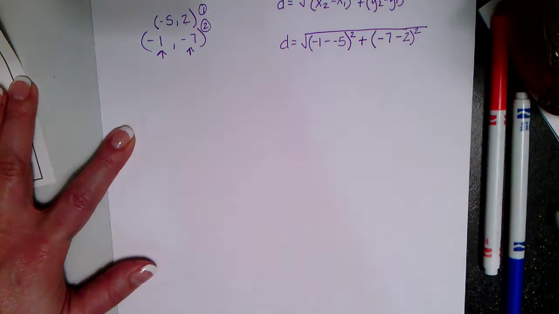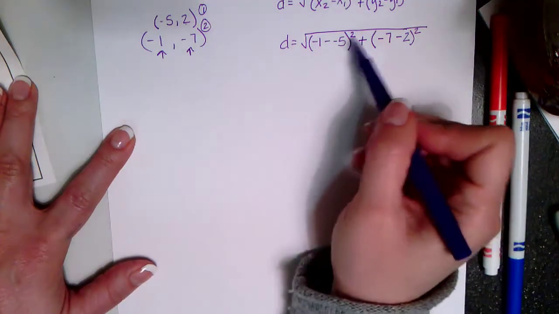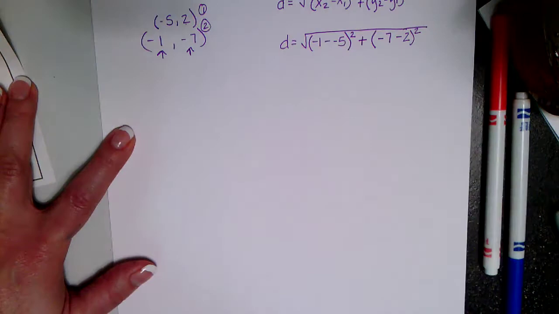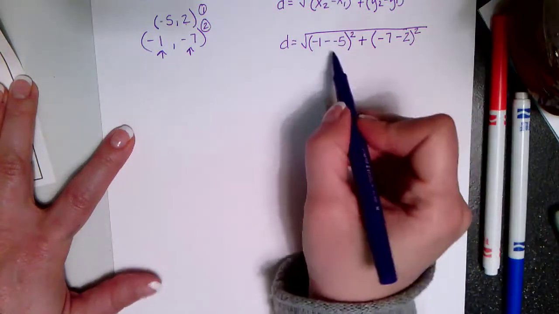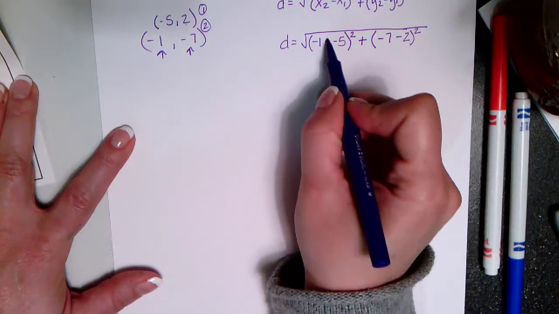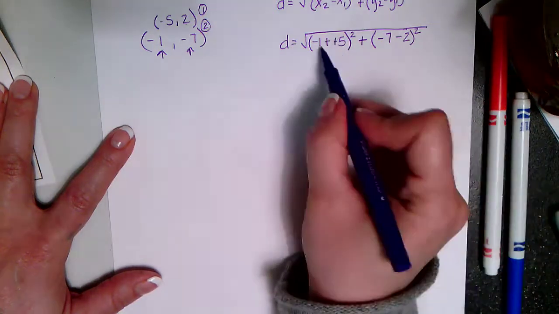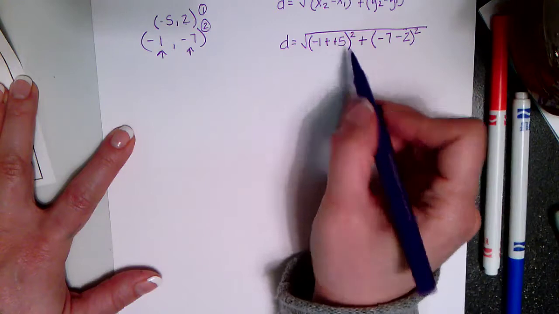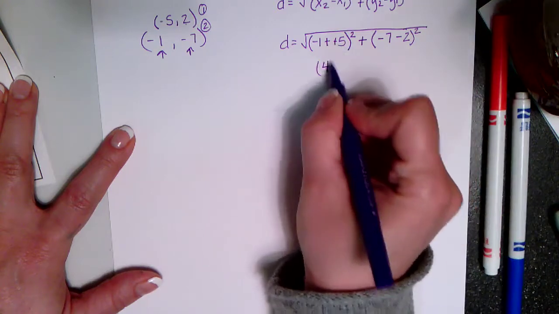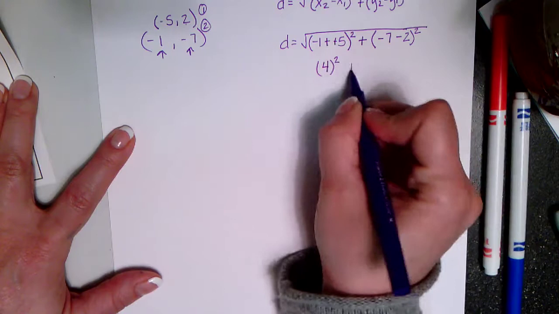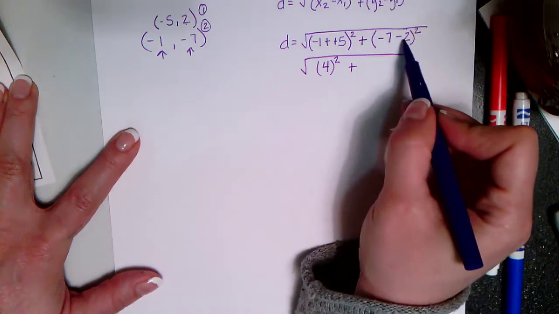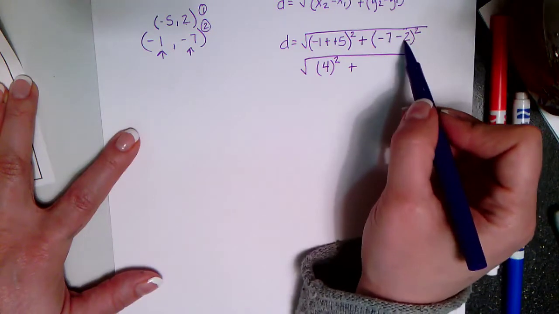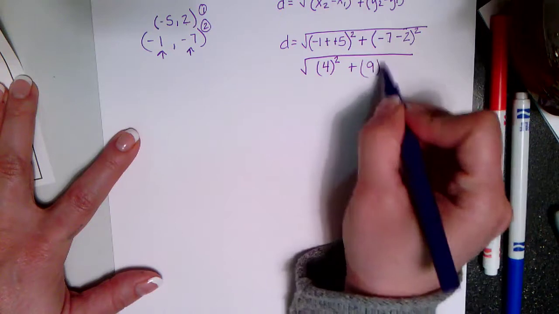And the reason this formula is the way it is is because when we square something, we're going to get rid of the negatives, and it'll be a positive, and then when we take the square root, we're undoing that square, but this is ensuring that we have positive numbers, because you can't take the square root of a negative number. So again, remembering integers, when I'm subtracting a negative, I'm really adding, so I've got the -1 plus 5, which is 4, and I'm going to square that and add that to -7 minus 2 is 9, and I'm going to have to square my 9.